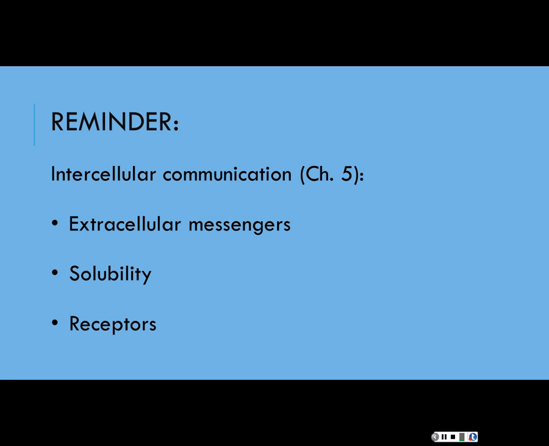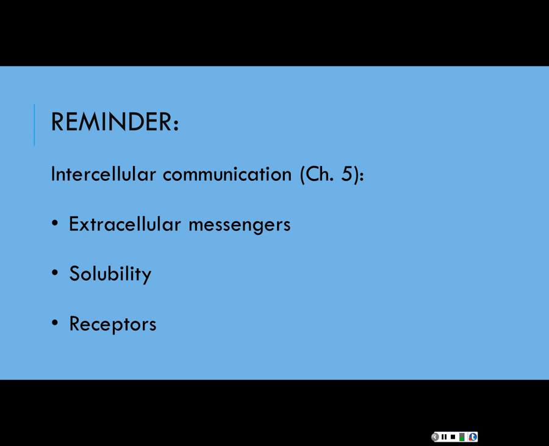That means this is indirect cell-to-cell communication. Because they're extracellular, we have to take into consideration the solubility of the hormone. Is it more hydrophilic or is it more lipophilic? That'll tell us where the receptors are at the target cell. It'll tell us an idea of the effect at the target cell. So don't lose that ground either.